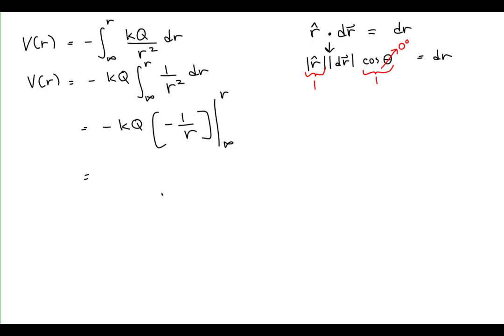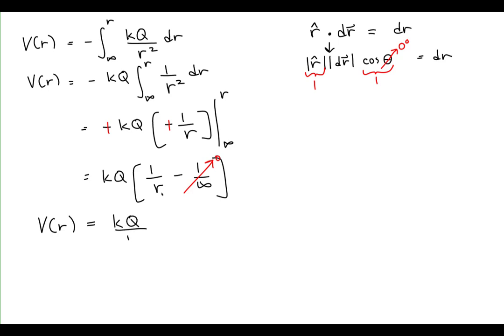A minus times a minus is a positive, and we have kq times 1 over r minus 1 over infinity. 1 over infinity is just 0. So now we have an expression for the electric potential at a point r away from the center of the sphere, and that electric potential is kq over r, and for this problem, this is for r greater than or equal to a.